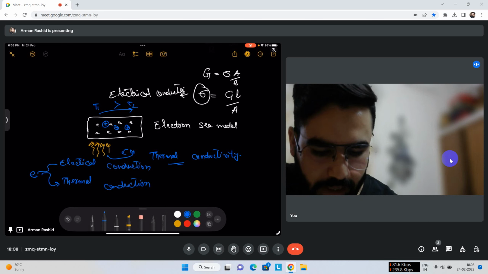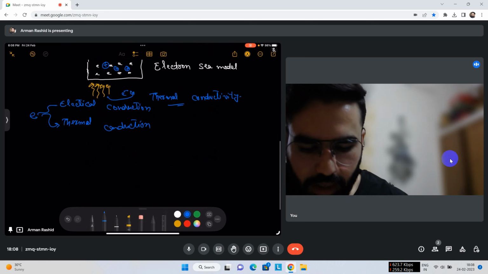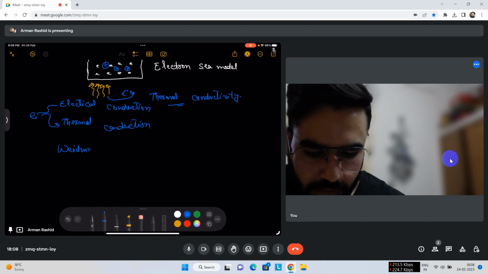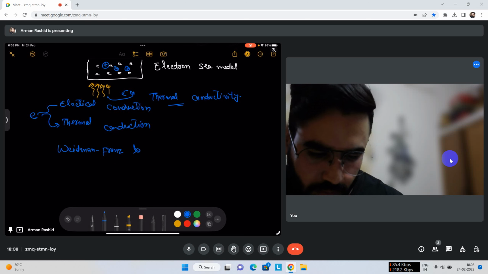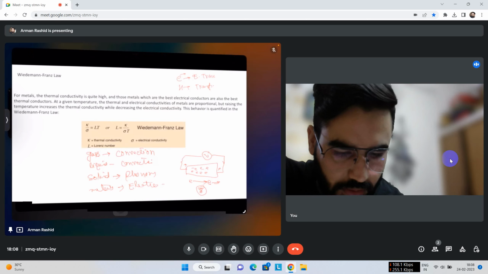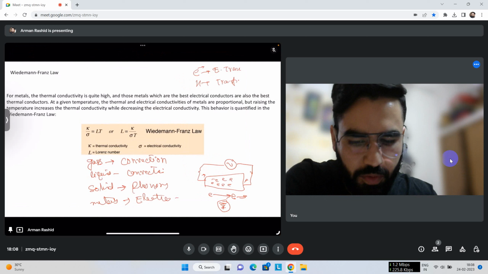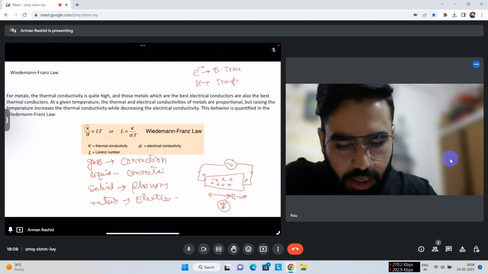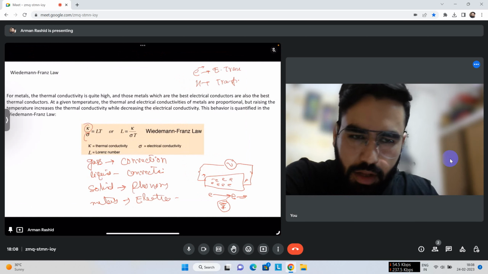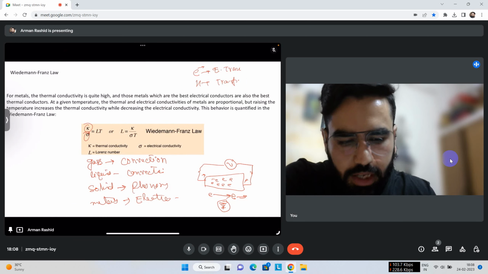Because of these two, they follow the Wiedemann-Franz law, where K is the thermal conductivity, sigma is the electrical conductivity, and L is called the Lorentz number.